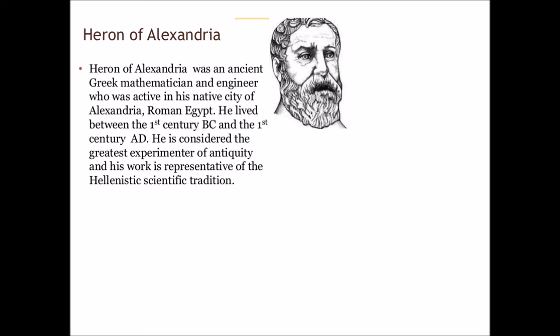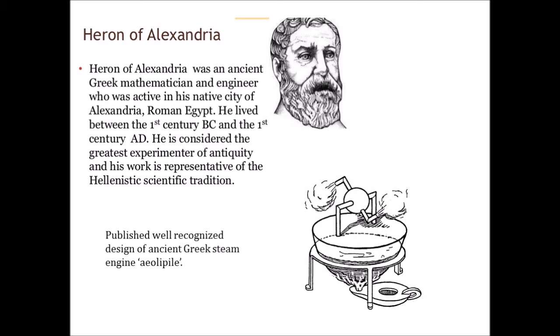Hellenistic means native Greek. He has also published a well-recognized design of an ancient Greek steam engine, Aeolipile. This is a representative figure of Aeolipile. So his works are really diverse.